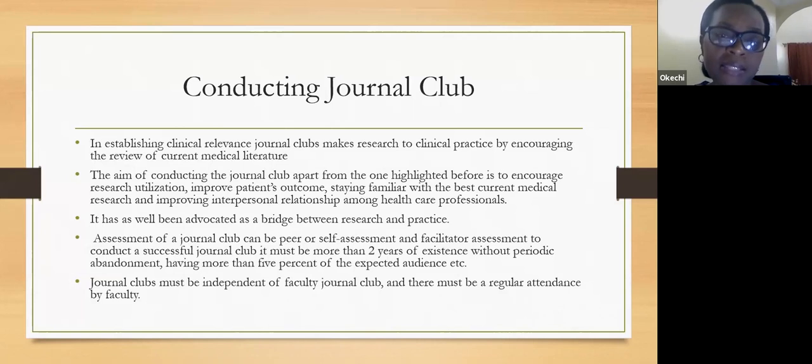So in essence, the choice of the topic, the choice of the people that will be brought to be a part and parcel of it, especially even the content expert, will have to revolve around the relevance of what we are going to be discussing. It has well been advocated as a bridge between research and practice. Let's go to the next slide.